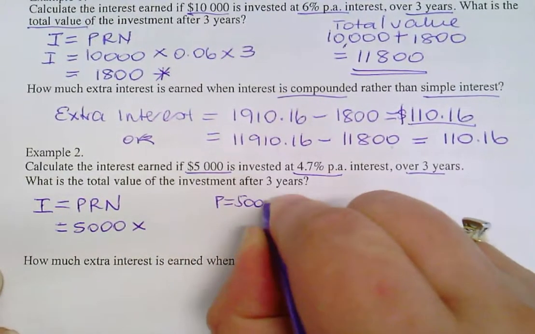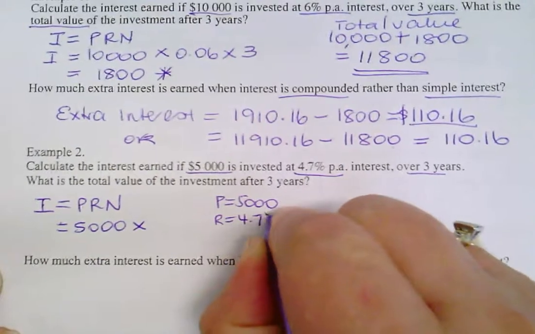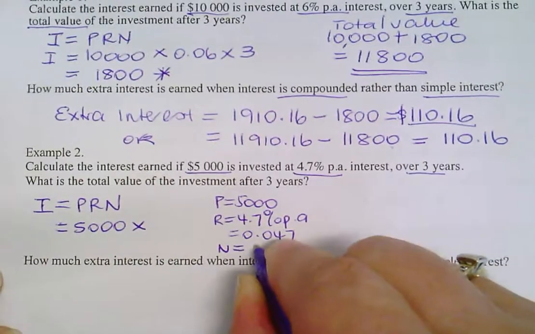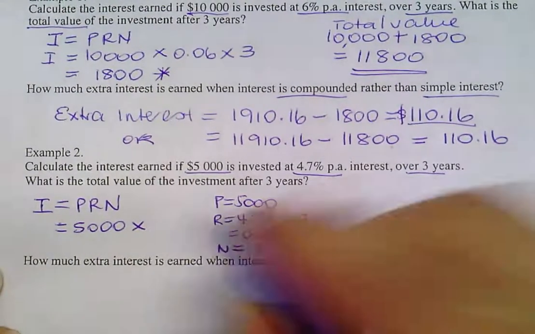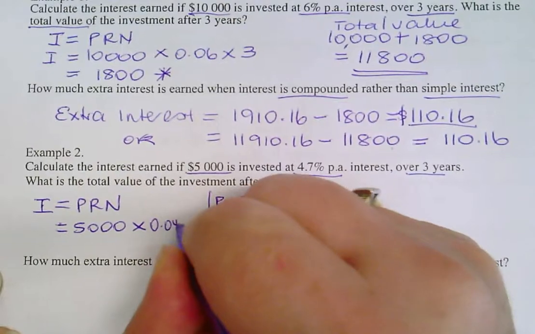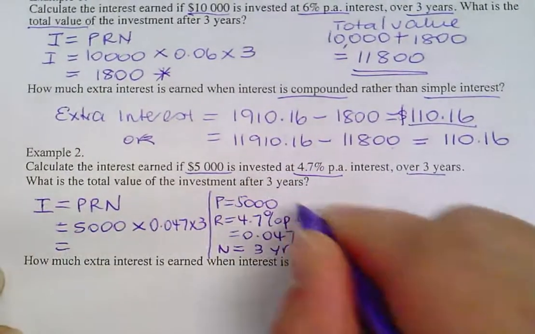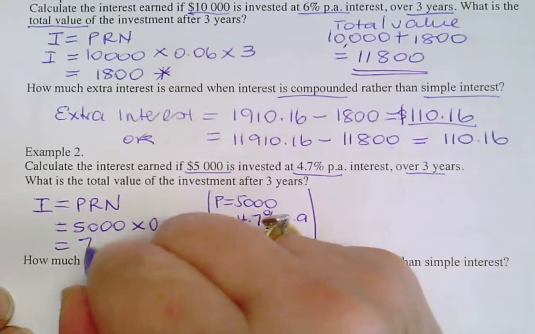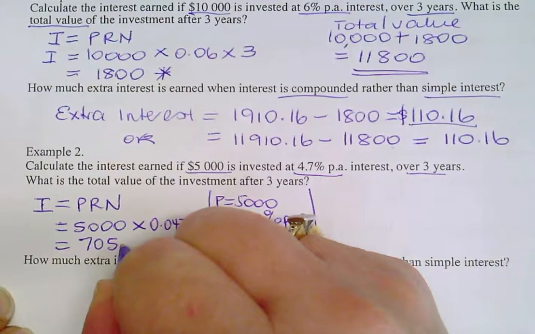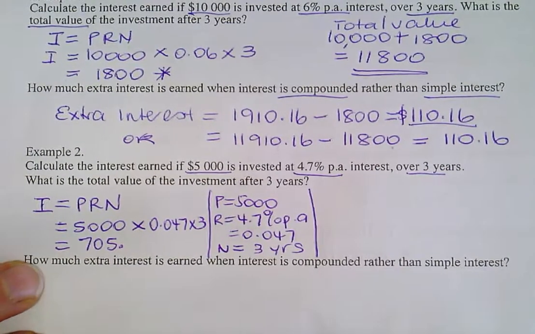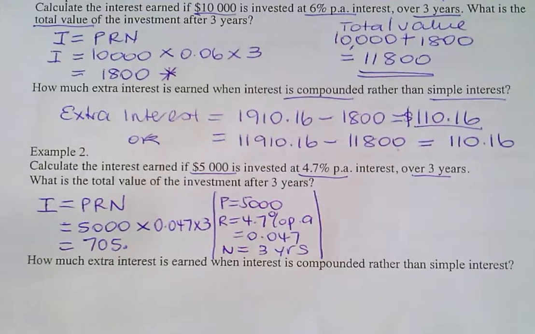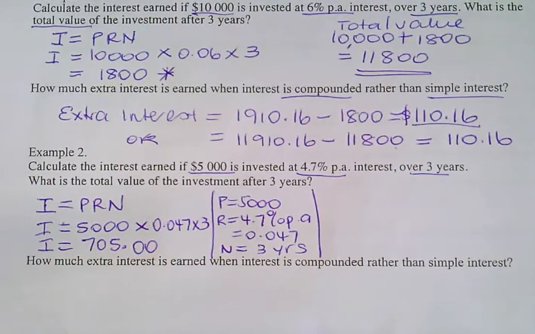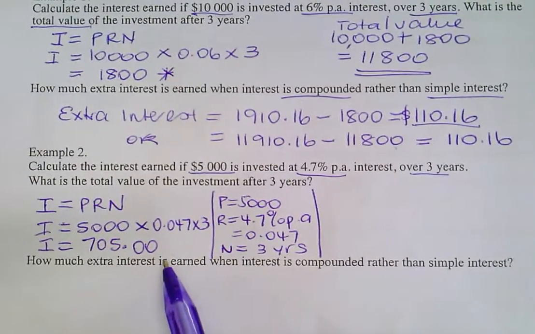R is 4.7% per annum, which is 0.047. What's N? 3 years. Times 0.047 times 3, what do you get? $705 exactly. So if example 2 was simple interest only, you would earn $705 interest.